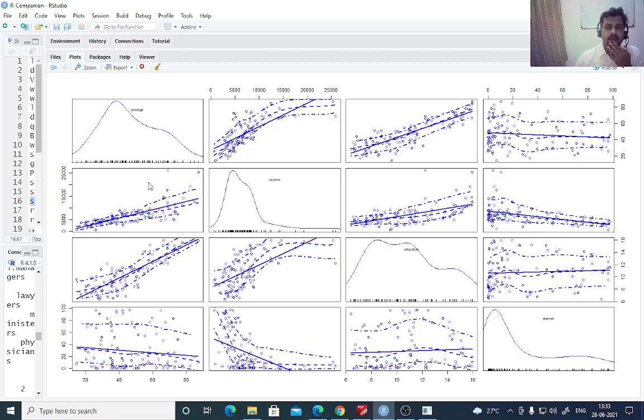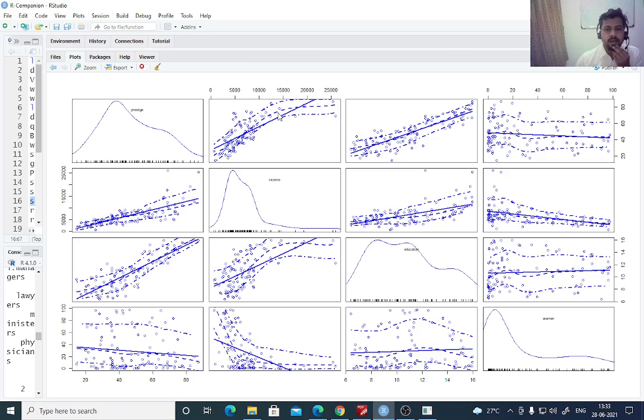Now these are the graphs which are the correlation graphs of prestige with income, prestige with education, prestige with women type. Again, this first graph is the correlation of income with prestige, income with education, income with women. Now let us understand this graph. This thick line is your linear regression line, assuming a linear function.